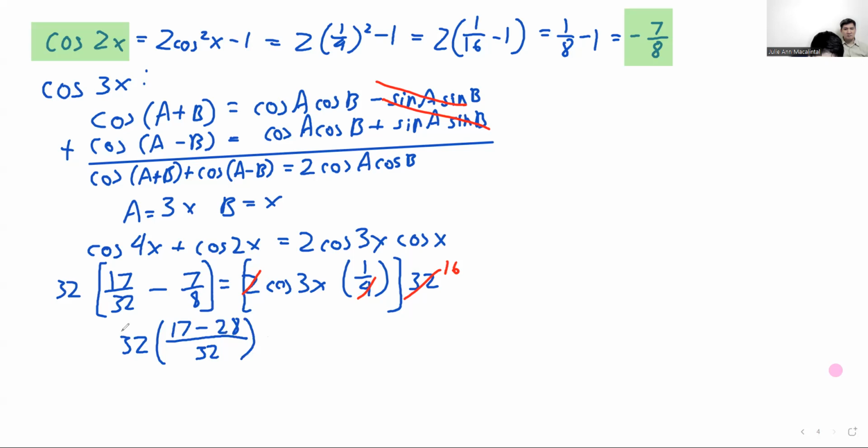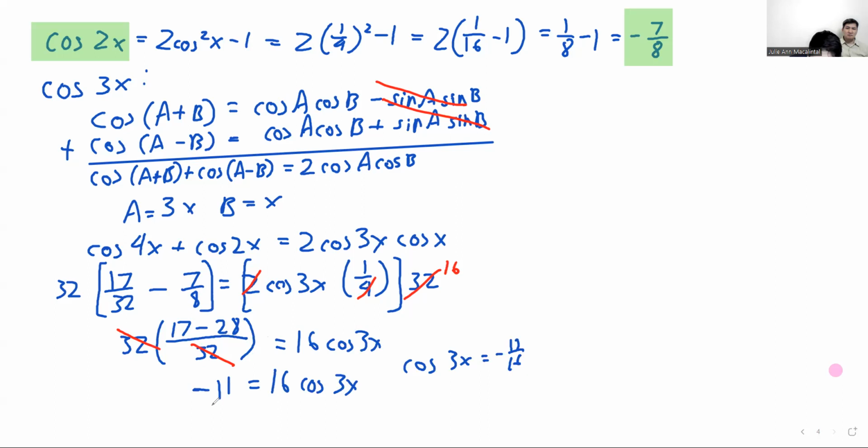So 17 minus 28, negative 11, is equal to 16 cos 3x. And thus cosine 3x is equal to negative 11 over 16. Easily. Nice.